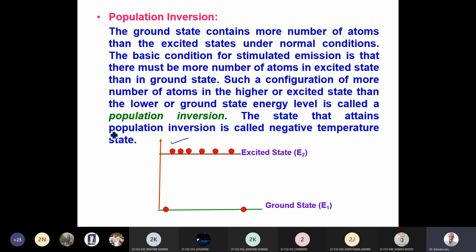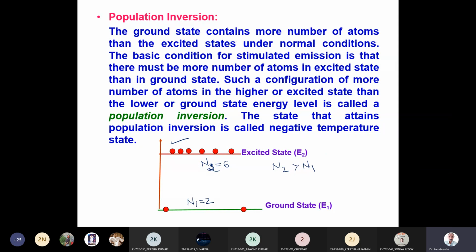So I can say N1 in the ground state has less population compared to the excited state, which has more number of atoms. This is N2, at energy E2. Therefore, N2 is greater than N1.